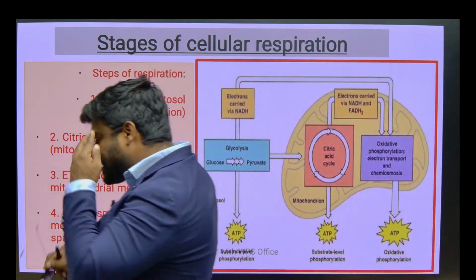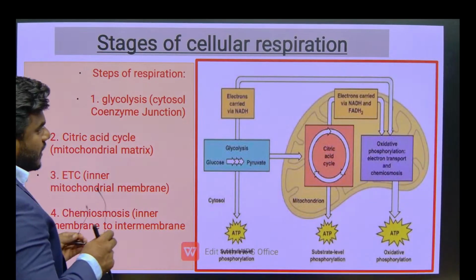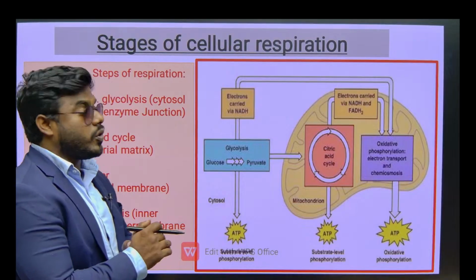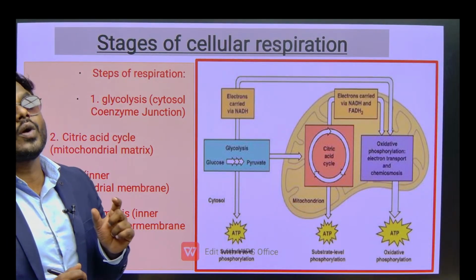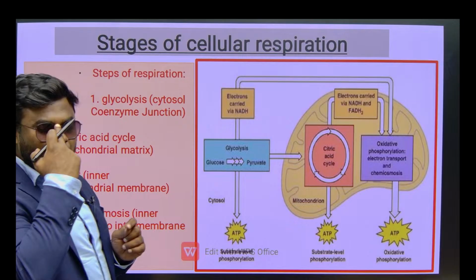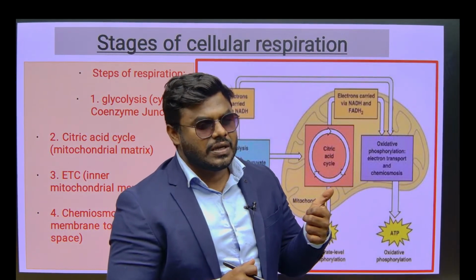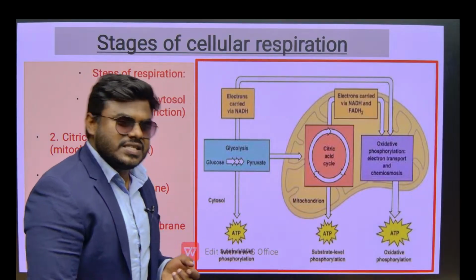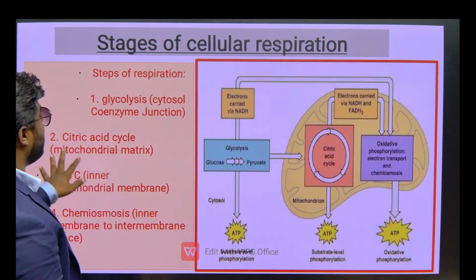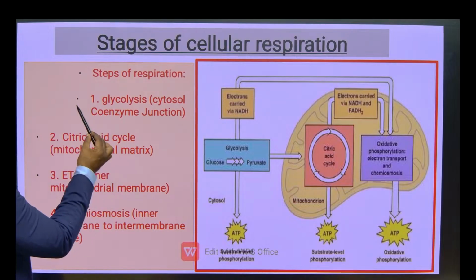Now, in the exam, I already told you, in photosynthesis most of the questions come from the locations where the light reactions of photosynthesis occur: membrane or lamella. Dark reactions, stroma. Why? Because the enzymes are located over there. Similarly, what are the 4 steps of cellular respiration?